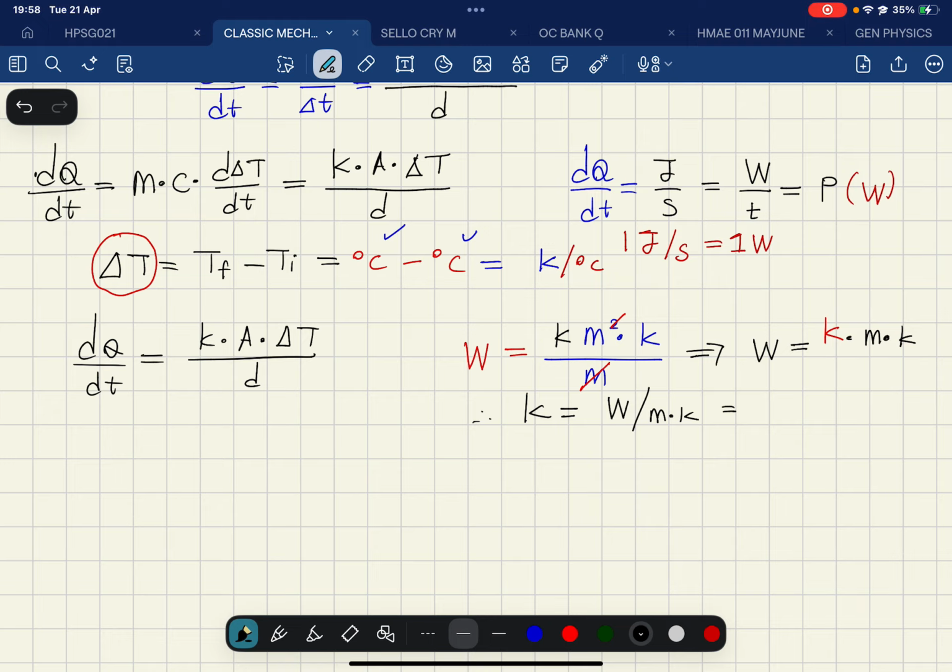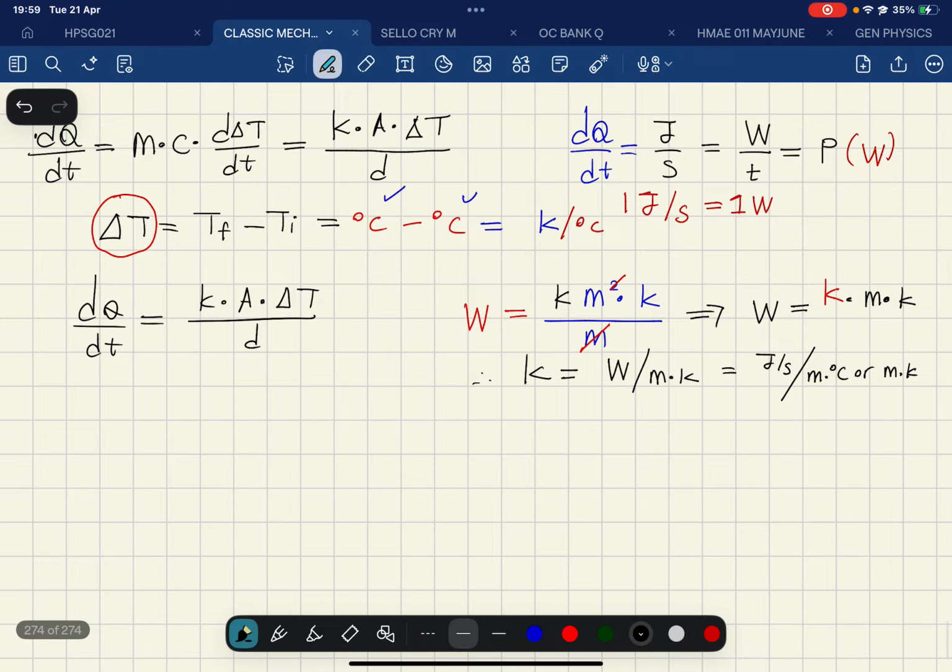Remember, watts is the same as joules per second, which means it's joules per second all divided by meter per Kelvin, or they can say per degree Celsius. That is the SI unit for thermal conductivity.